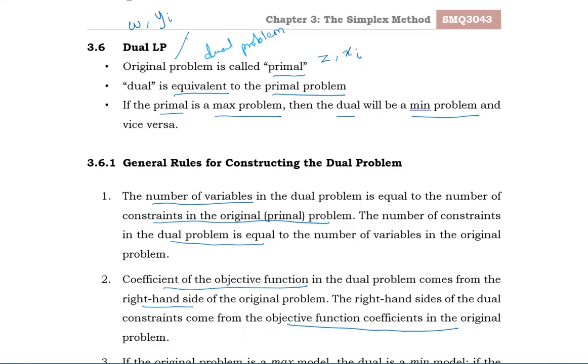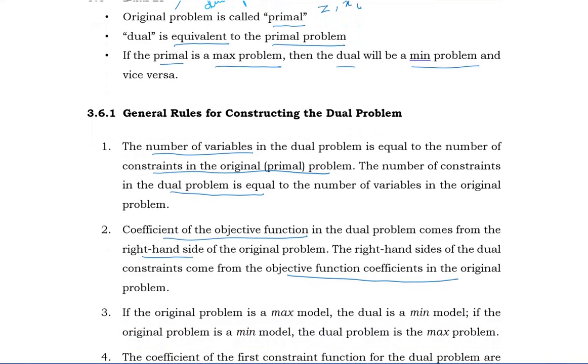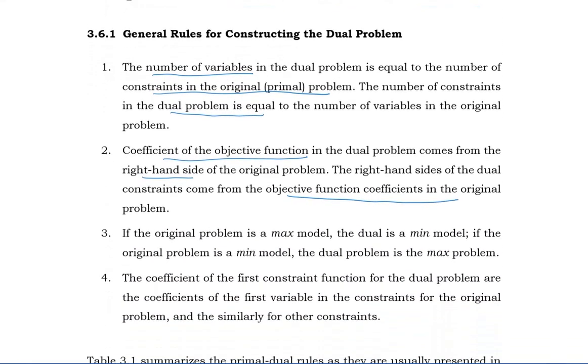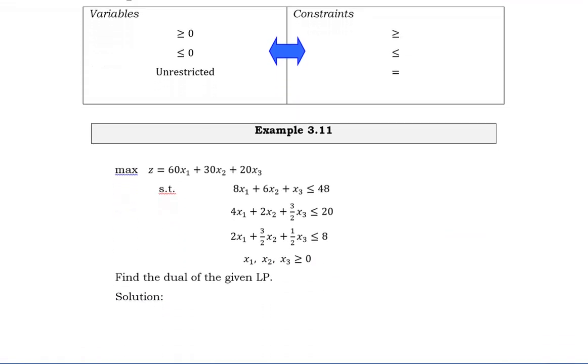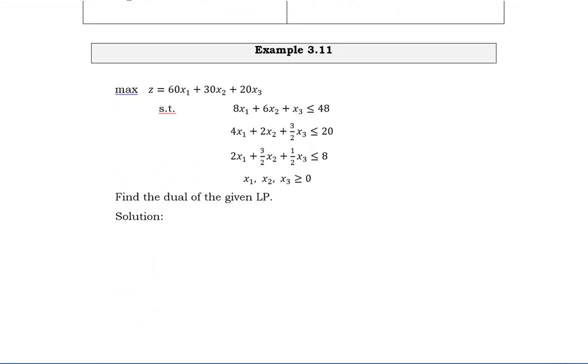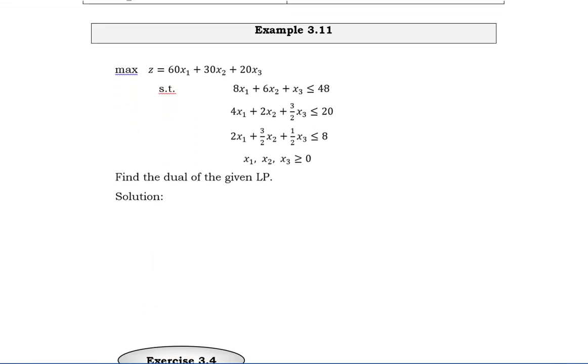Okay, let's look at the example, example 3.11. In order to find the dual of the given LP, this is the original LP problem, also known as primal.